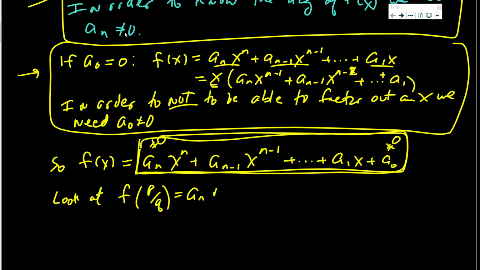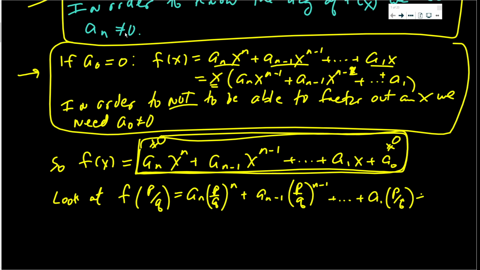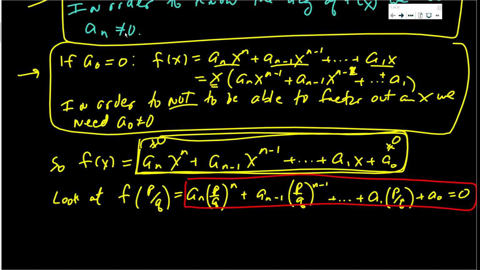So it's a sub n times the quantity to the n plus a sub n minus 1 times the quantity to the n minus 1, and so on, to a1 times the quantity plus a sub 0. And we know that this is equal to 0.